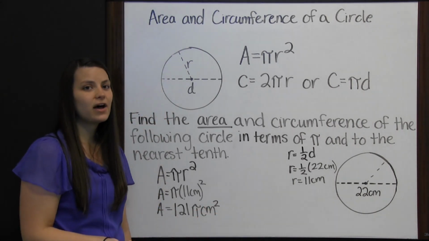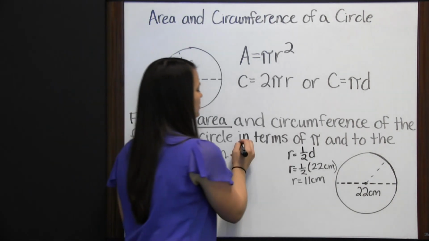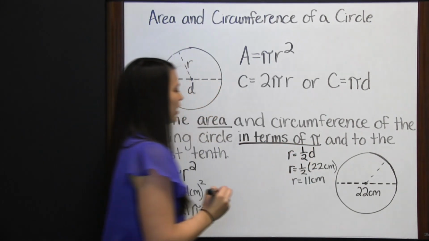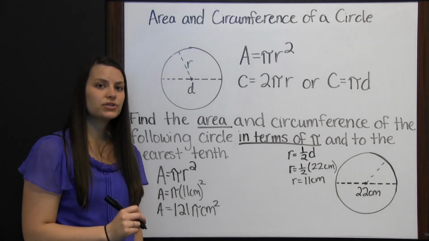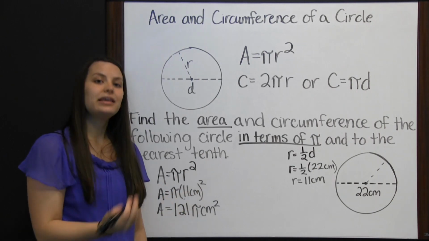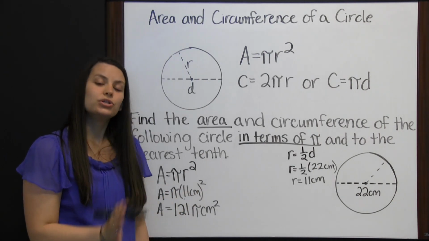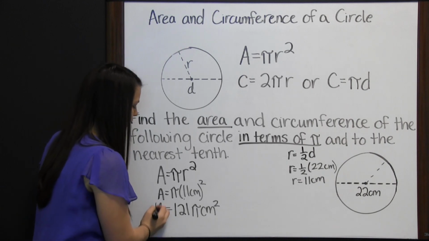They asked us to find our area and circumference in two different ways. The first way was in terms of pi. This answer is the area of our circle in terms of pi, which means leave pi in your answer, or don't multiply times pi. So this would be one of our answers.